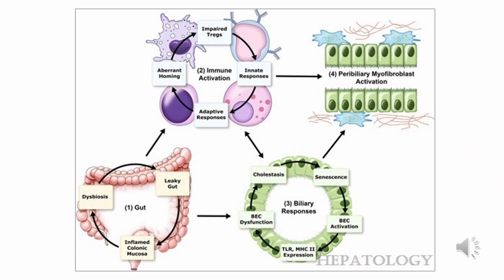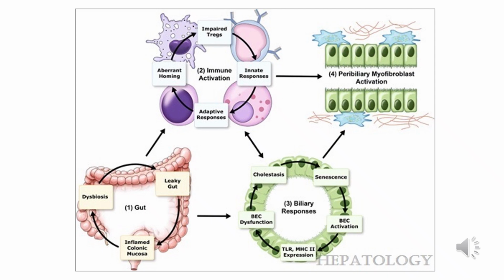So here we have a very nice diagram illustrating the pathophysiology of PSC. It all starts in the gut with, as we mentioned before, dysbiosis with inflamed colonic mucosa leading to gut leakage through the impaired mucosal barrier, leading to immune activation with alteration in the innate and adaptive responses of the body, and with impairment of the regulatory T cells.